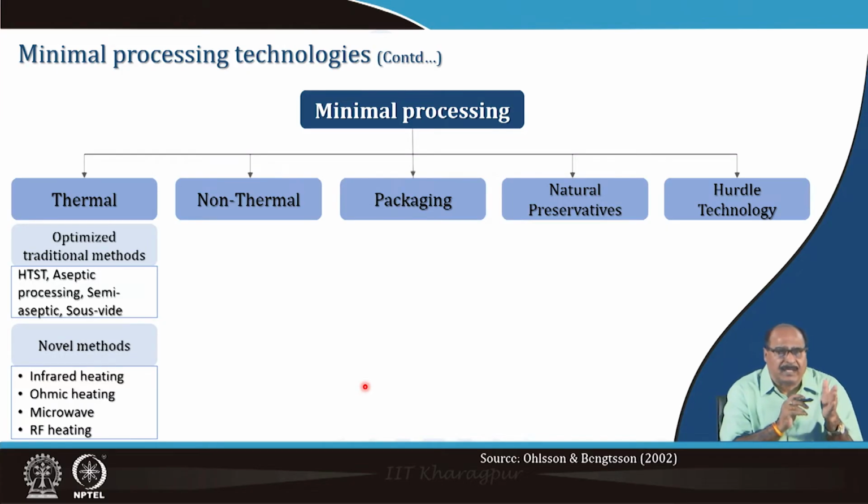So, they can be optimized, like going for high temperature short time methods, aseptic processing, semi aseptic processing, or sous vide, or even novel thermal technologies like infrared heating, ohmic heating, microwave heating, radio frequency heating. So, instead of steam and traditional heat process, you can go for the advanced or novel heating methods. They result in better quality improvement.